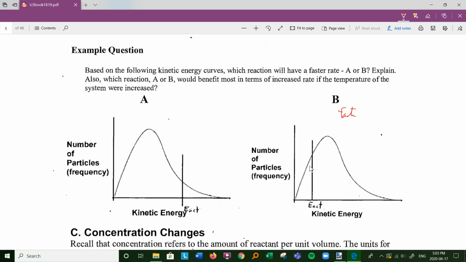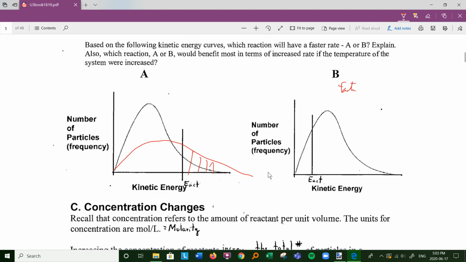Well, I'm so far to the left with B that if I increase the temperature of A, that's going to benefit more. If I increase the temperature of B, well, it'll flatten out. It's not going to help much. So B is faster because the activation energy is less.